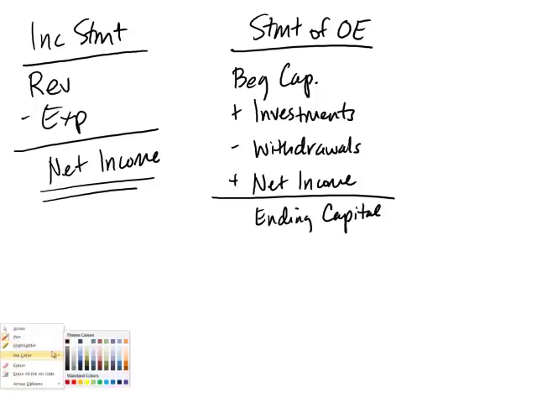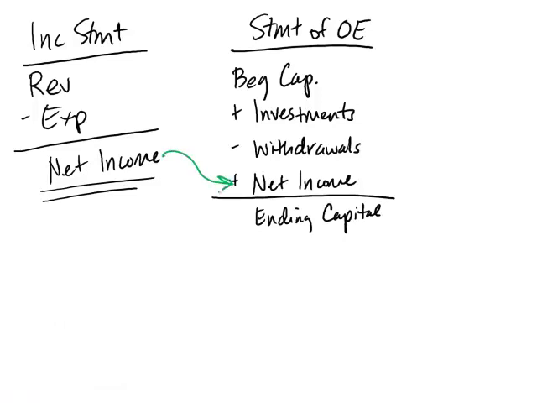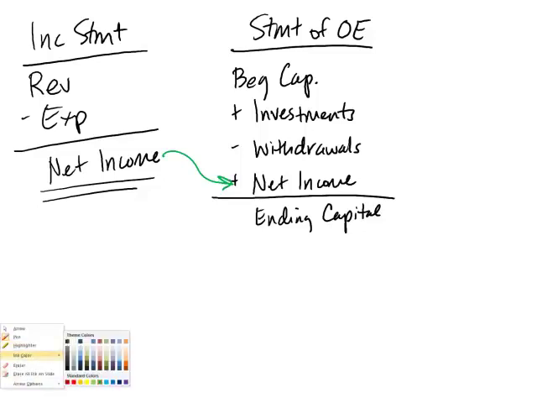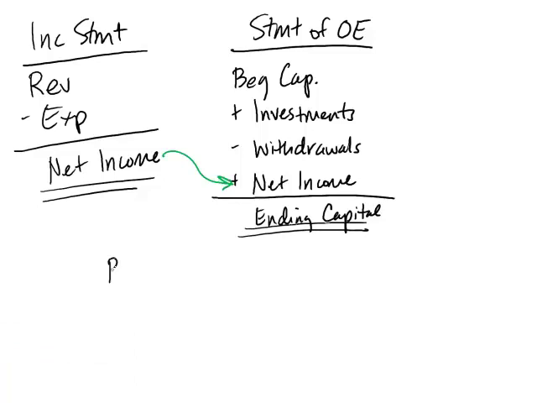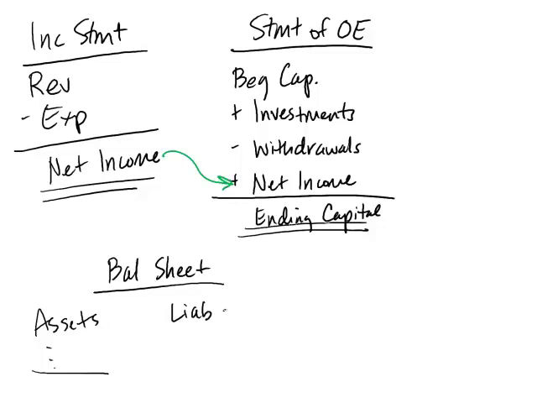Okay, and remember that this flows through to here. So you got to get the income statement right to get the statement of owner's equity right. All right, and the last one is the balance sheet. We're going to have assets. We're going to list those out and get a total. And then we're going to have liabilities and equity. List those out and get a total. And these will balance.